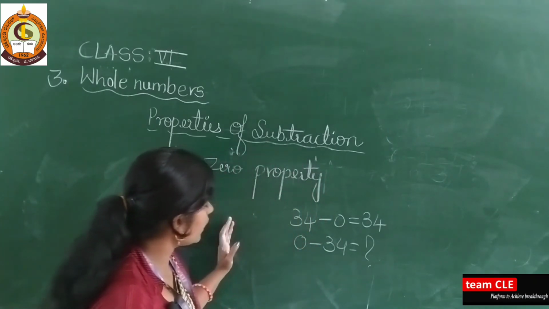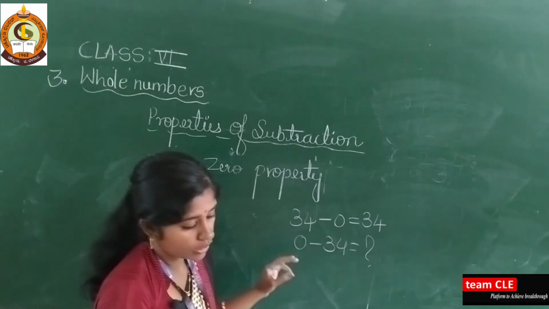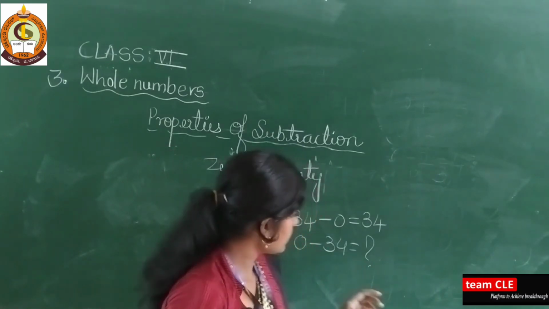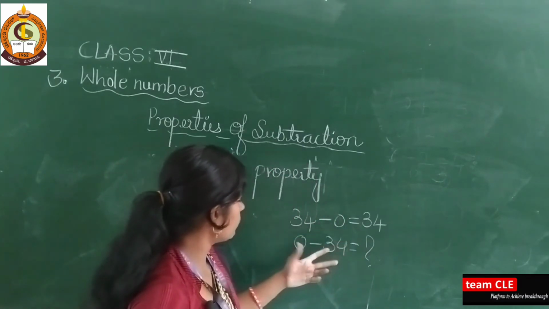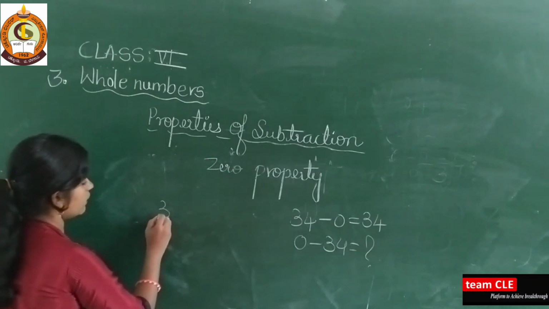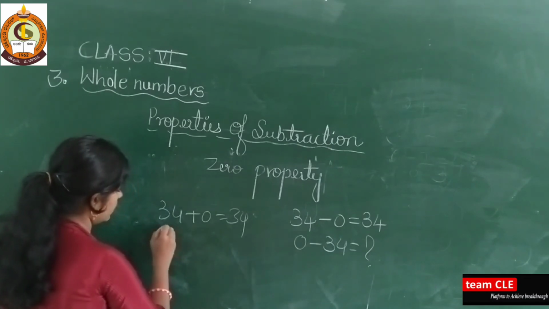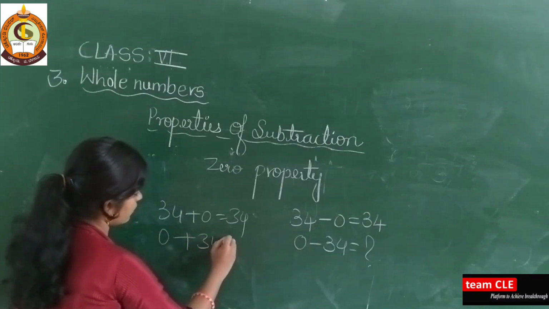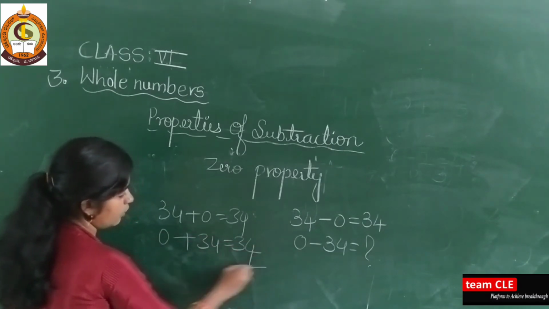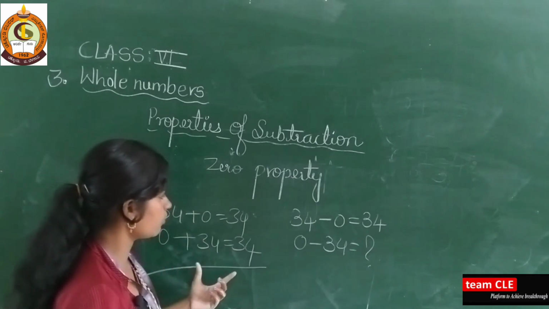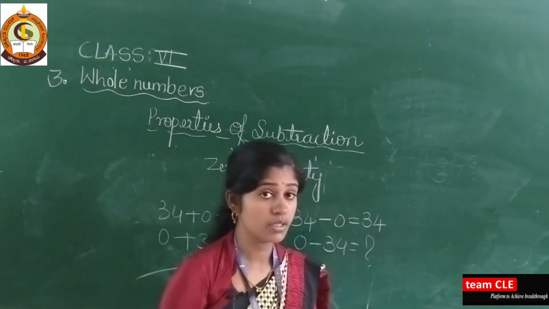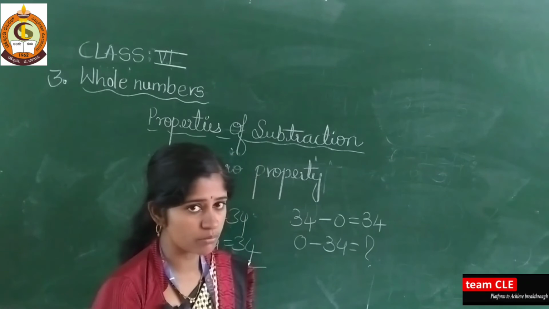Okay, so here the zero property will not exist. Okay, see here, 34 plus 0 is also 34, and 0 plus 34 is also 34. Here I can get the zero property in addition, but in subtraction it is not possible.